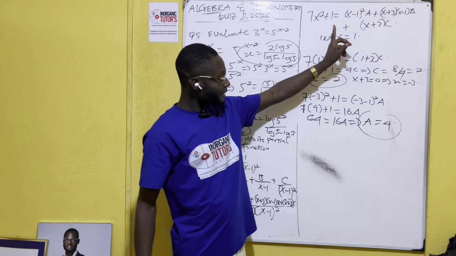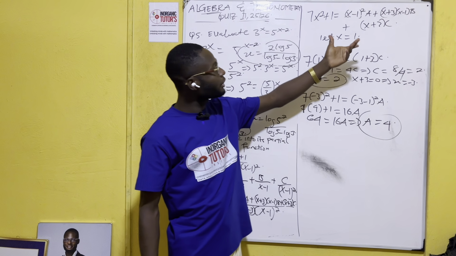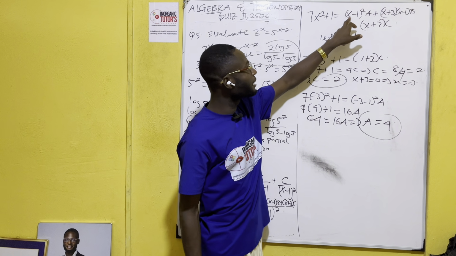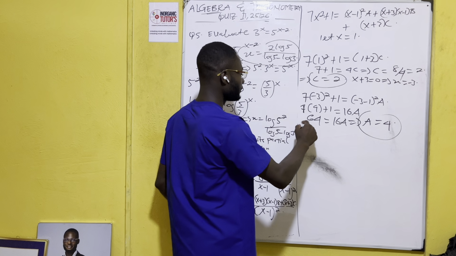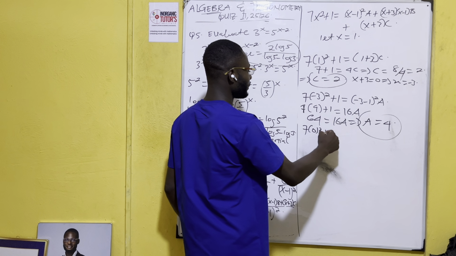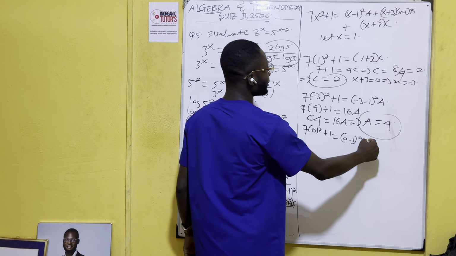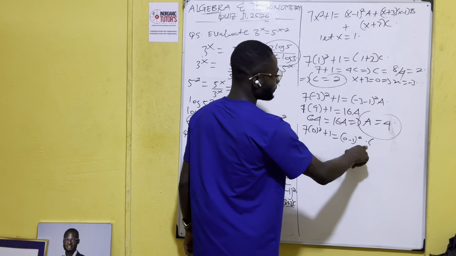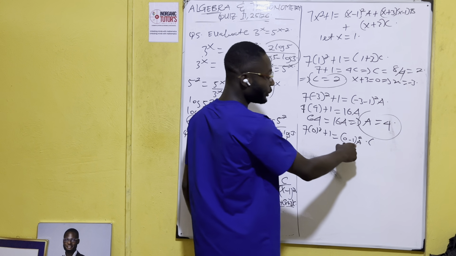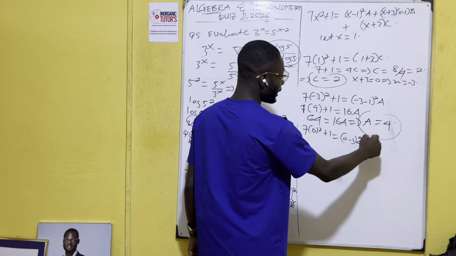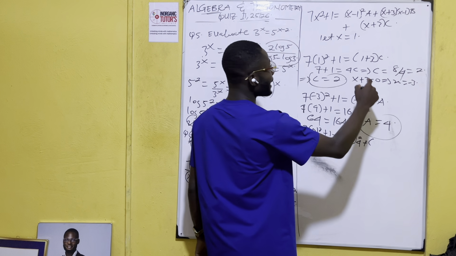Now we need b, right? So we can equally say that x should be equal to 0, right? So if x is 0, we have 7 into 0² + 1 is equal to (0 − 1)² plus, now we know a to be 4. So we put the 4 there, and then plus (x + 3).